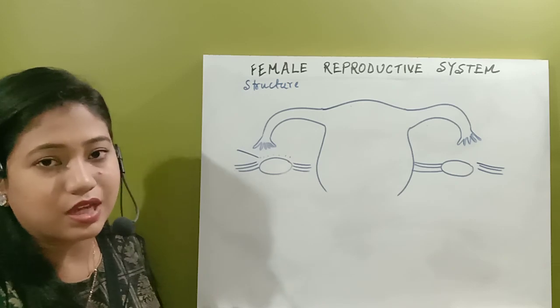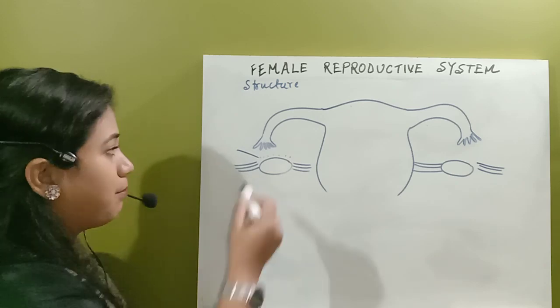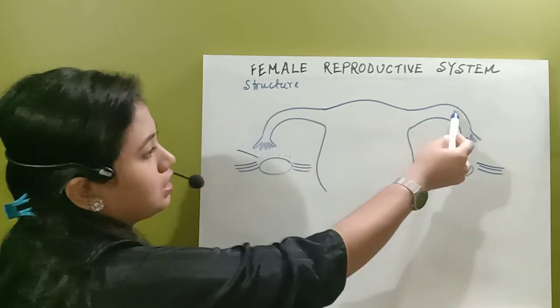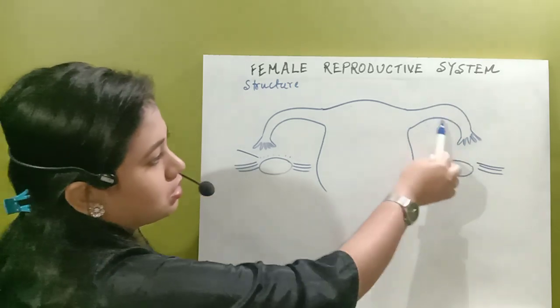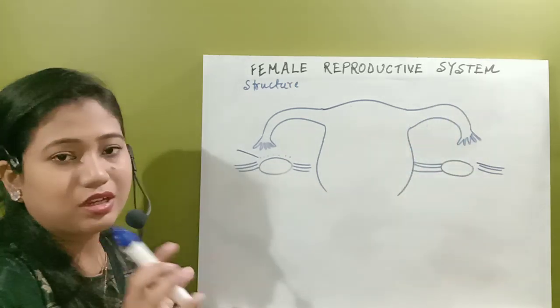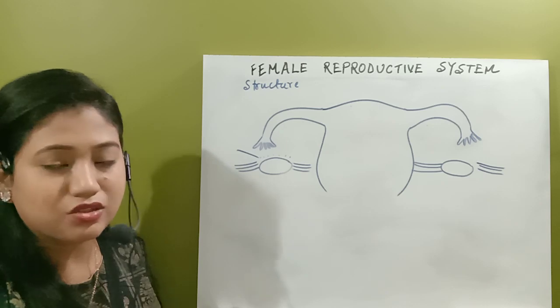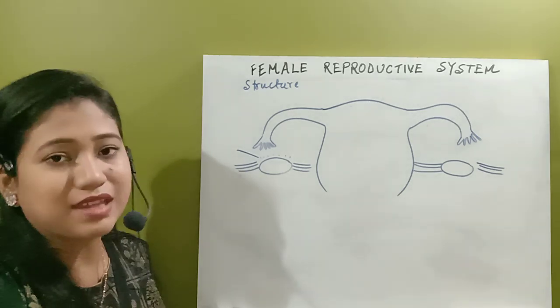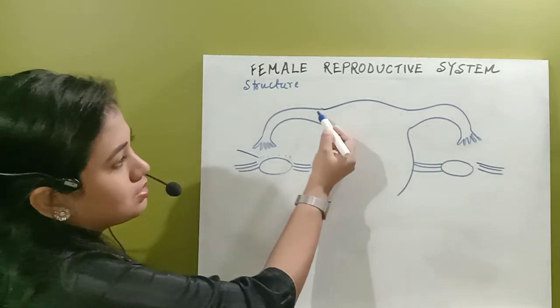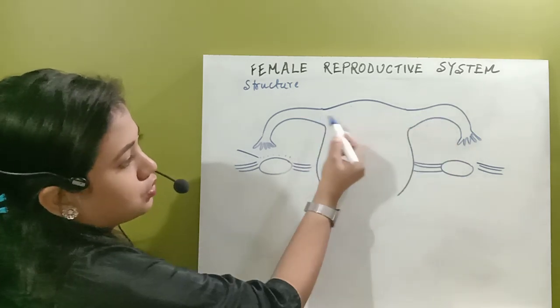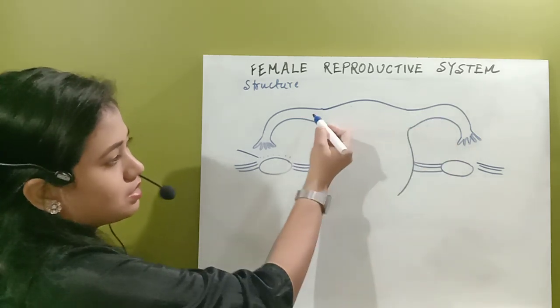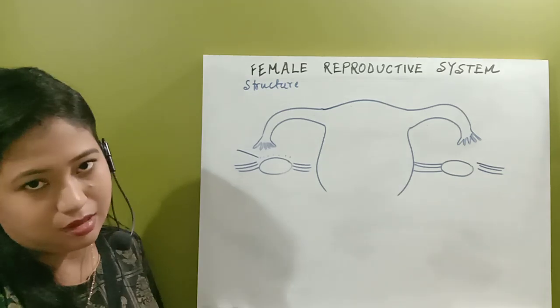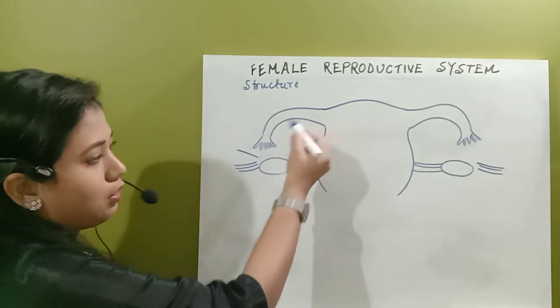Just above the infundibulum, we have a small sac-like structure. This is known as the ampulla. And at the junction where it opens into the uterus, this junction is known as the isthmus. So this is the fallopian tube.